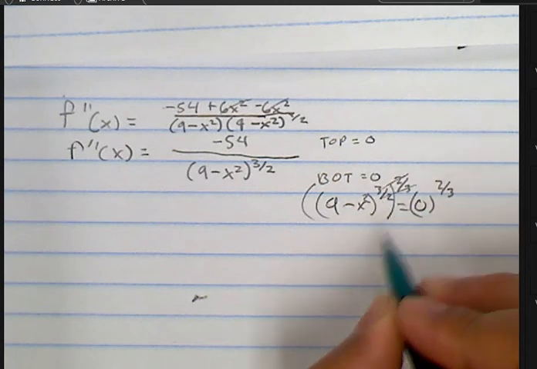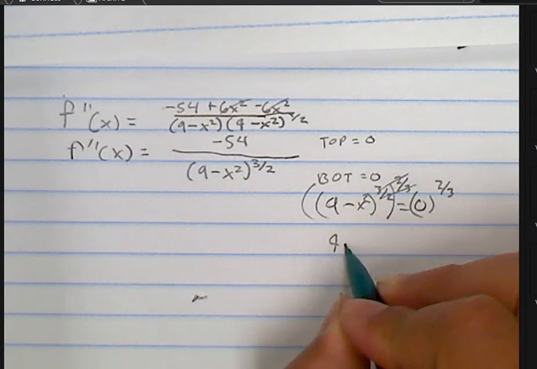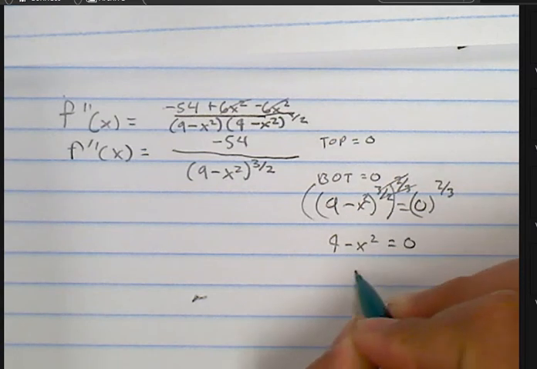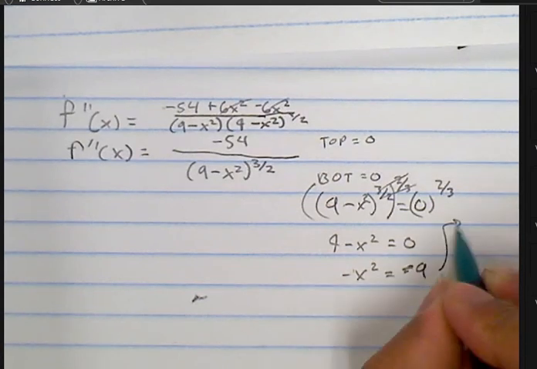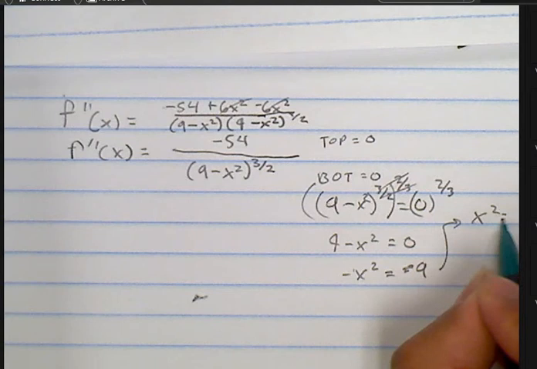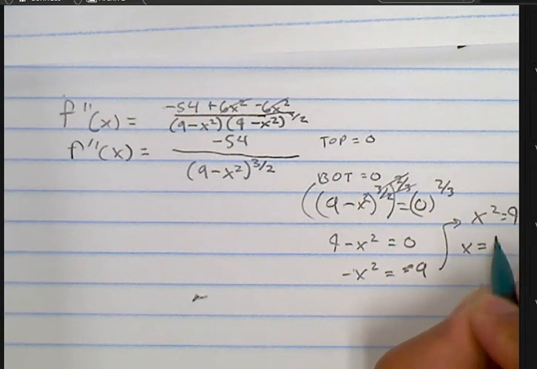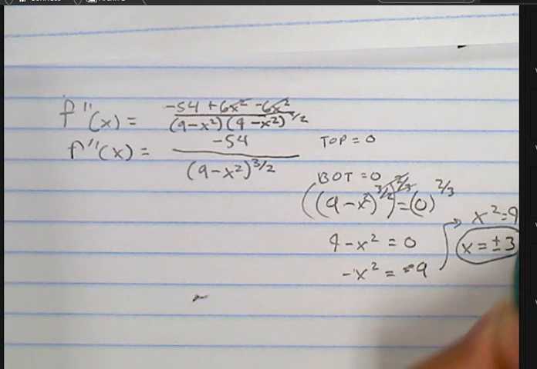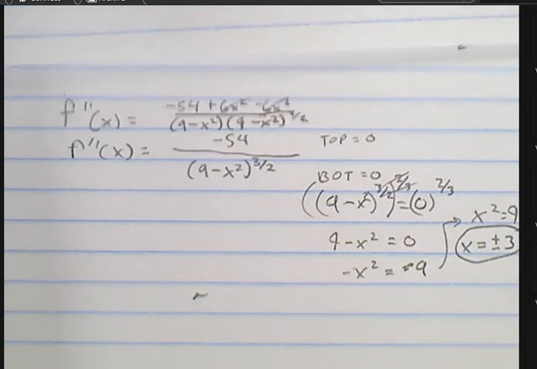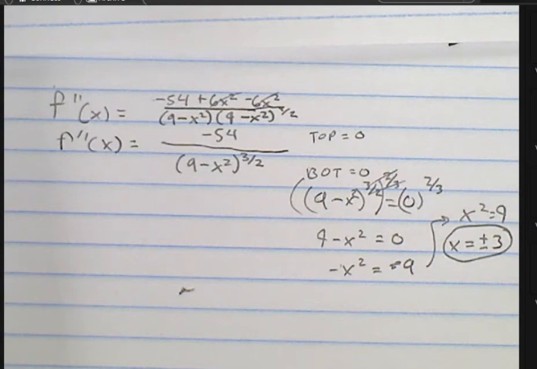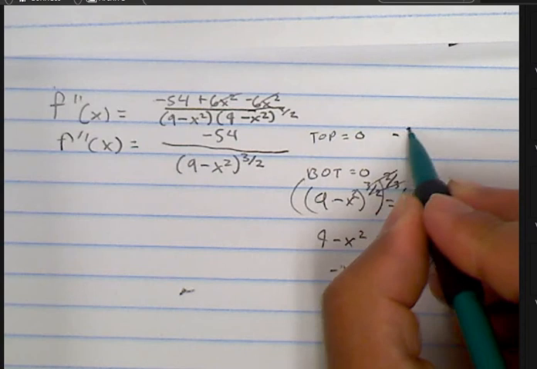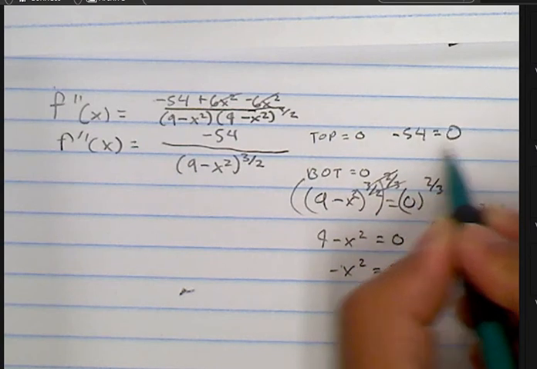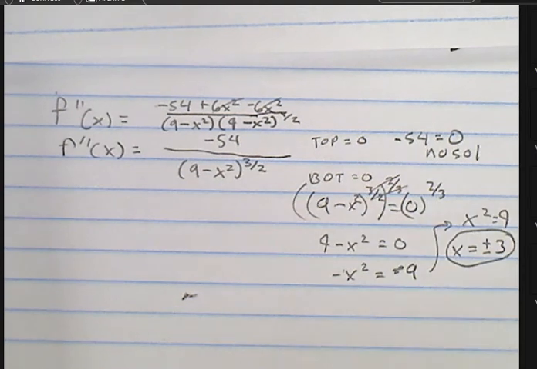Cancel. Becomes 1. Potential inflection points, but they may not be, as you'll see in a minute. Okay. No solutions. Okay. Let's test.